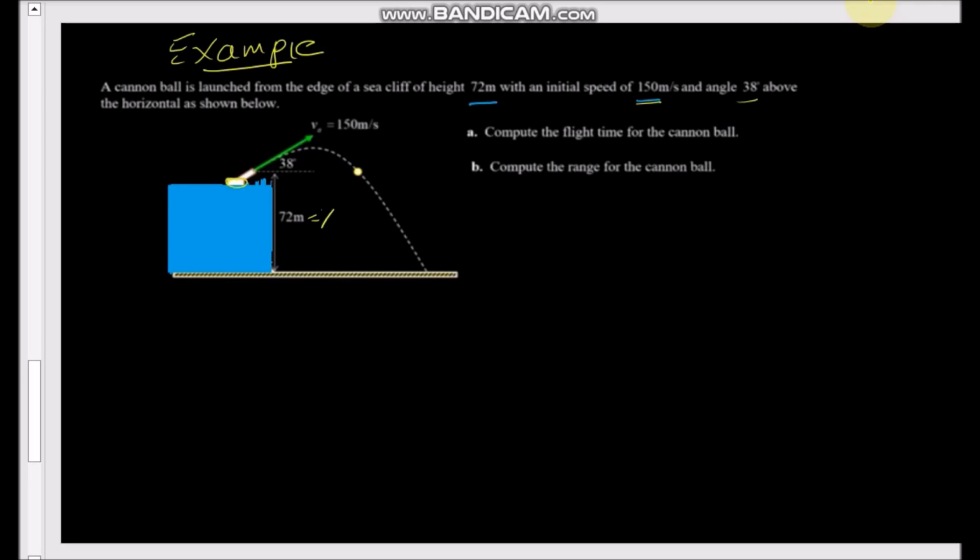Let me say y naught, the initial displacement, for the vertical, is 72 meters. Let me write here, given: the initial displacement where the object is projected above the ground is 72 meters, right? The angle theta is 38 degrees. What else?